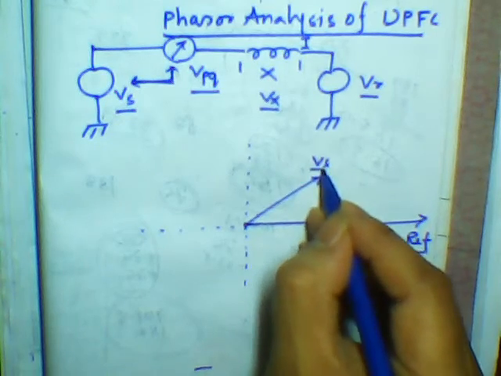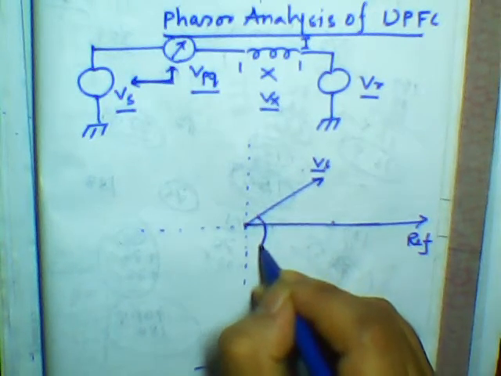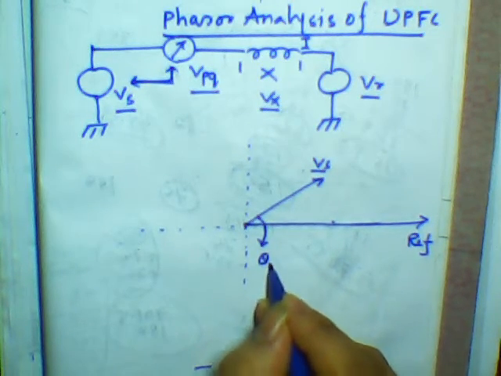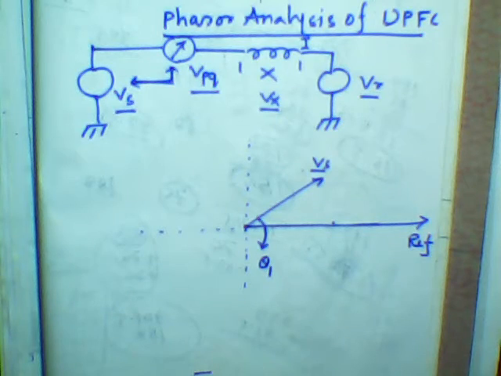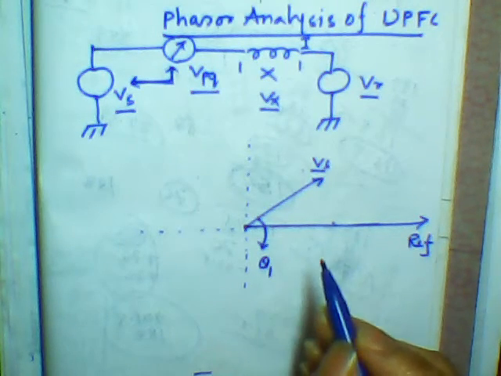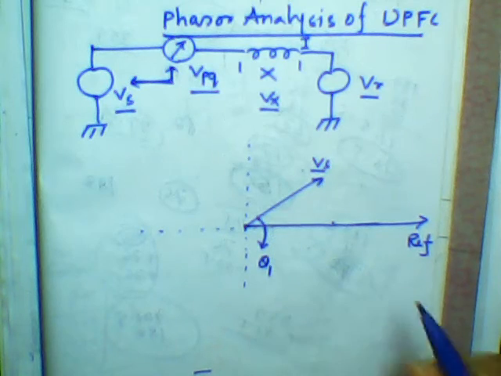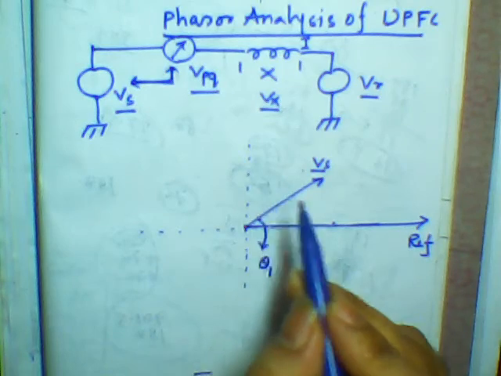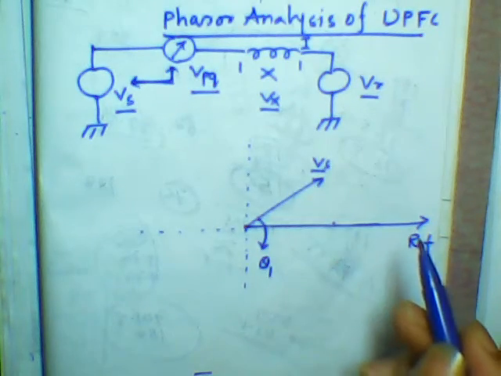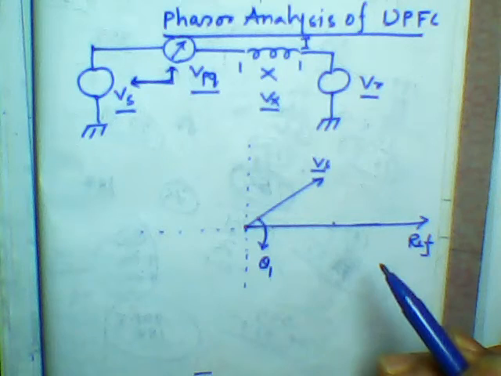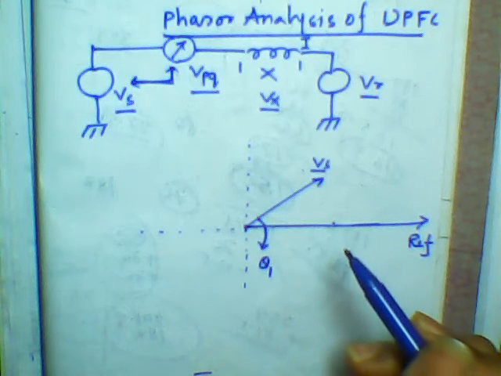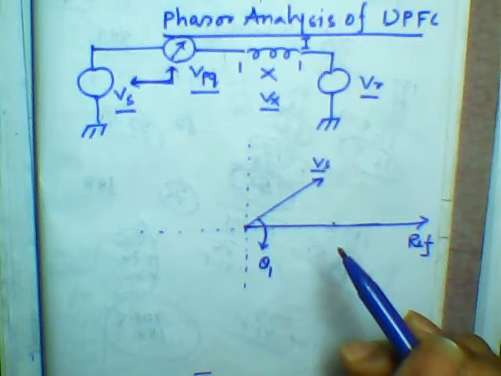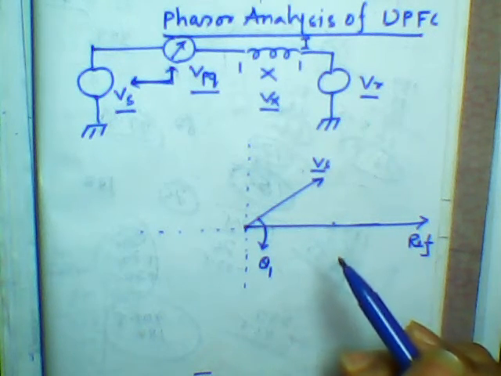This is my generation voltage, and the angle I am assuming is θ1. For the receiving end voltage, we are considering that the resistance of the transmission line is negligible, and in electrical transmission systems, considering R equal to 0 is a fair approximation.